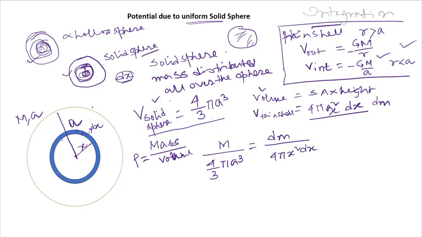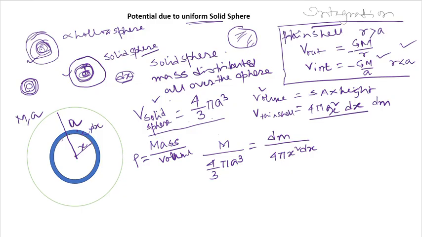Why are we doing this? In the last video we did it with mass divided by area, here mass divided by volume. Because each time you keep adding hollow spheres, each sphere's size is different, and based on the size, the mass will be different.